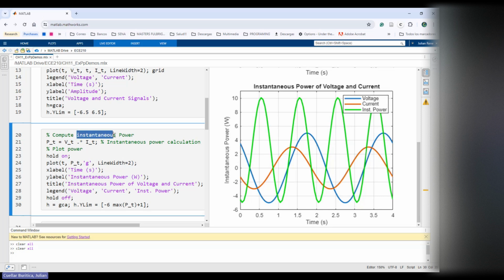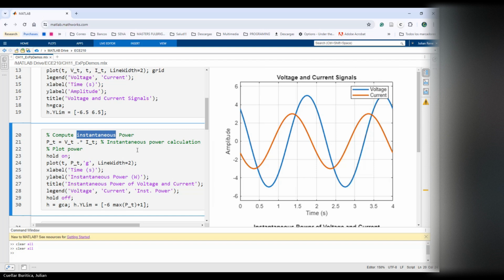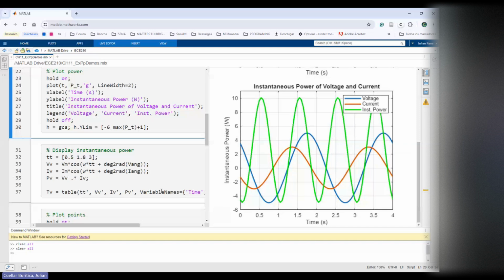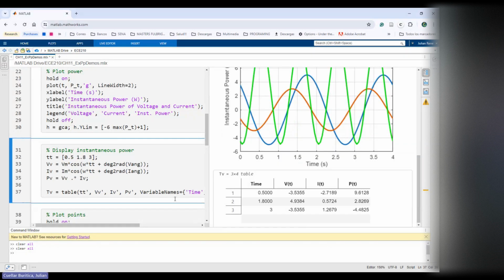Always this function depends on time. It means that in order to know the value of the power, we need to evaluate that function at different times. As an example here, I picked times of 0.5 seconds, 1.8, and 3.